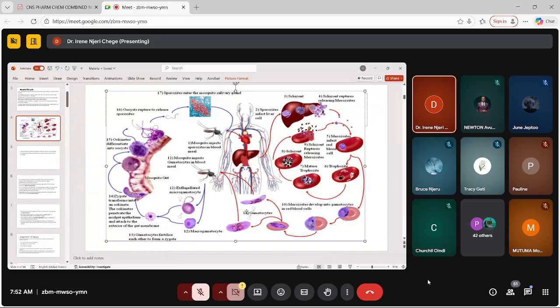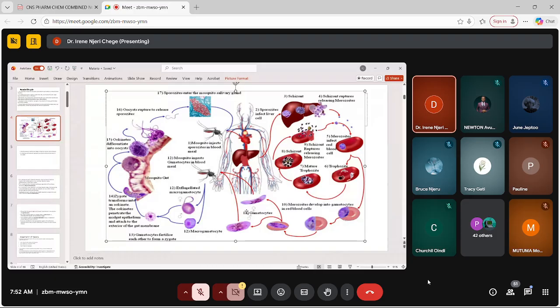So the sexual stage is in the mosquito. The erythrocytic stage is in the human and is what is responsible for the malaria disease. I hope we're together. So those that kill the sexual stages and prevent transmission to the mosquito are called gametocides.